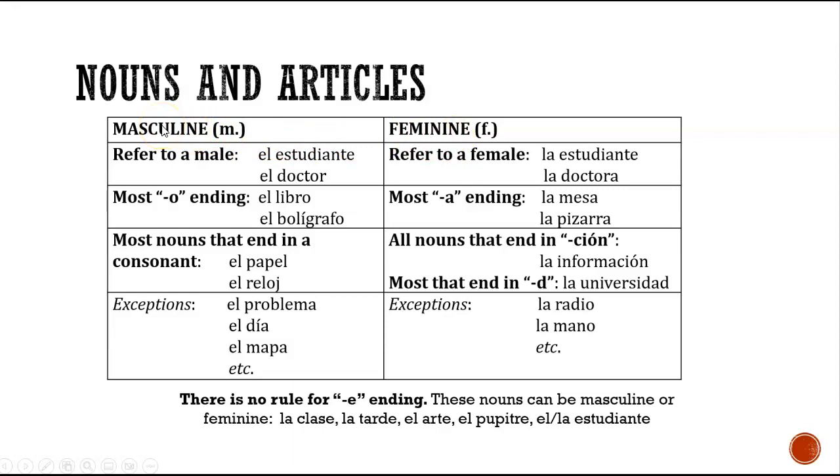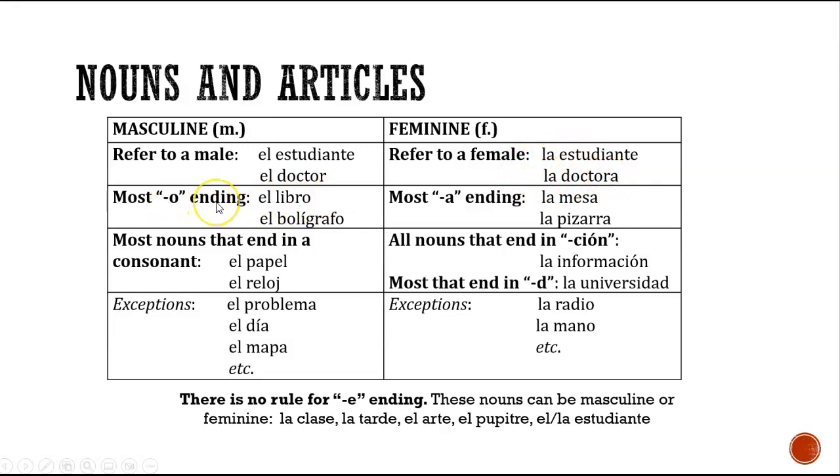And in Spanish, nouns will come to us with an article. The article will be el or la for singular, and that'll tell you if the noun is masculine or feminine. So for example, nouns that refer to a male will be masculine, like el estudiante, el doctor. If it refers to a female, they'll be feminine, la estudiante, la doctora.